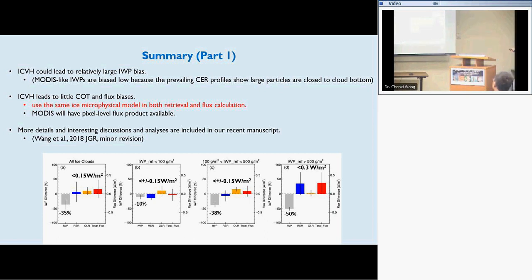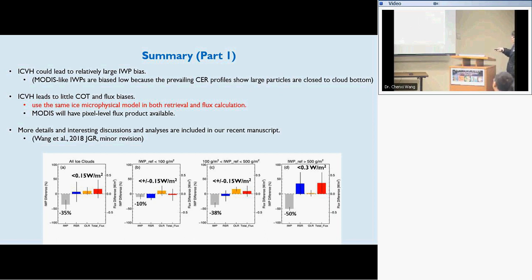Okay, so for the summary of the first part, ICVH could lead to relatively large IWP bias, but little impact on COT and flux biases. You can see this conclusion from this figure. Here you have gray bars, which mean the IWP bias.